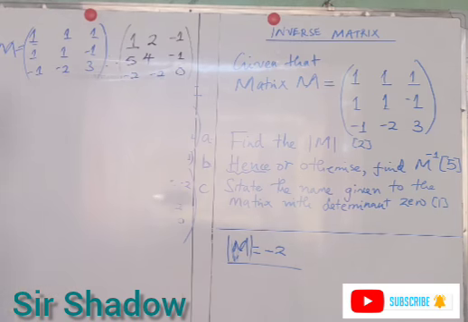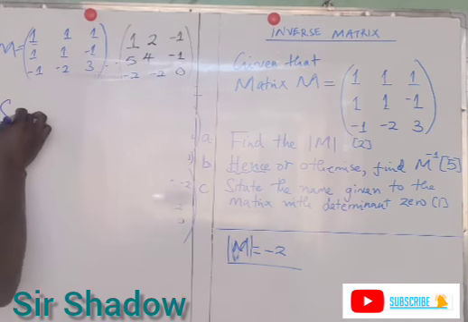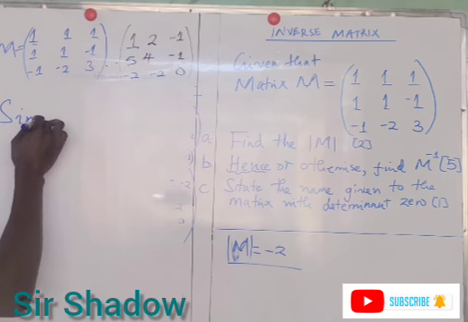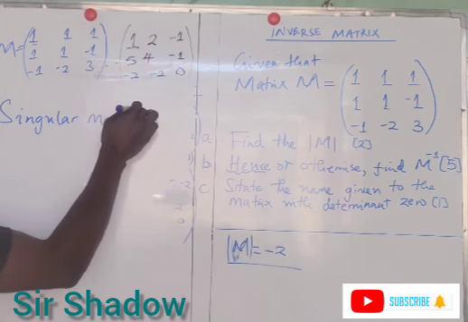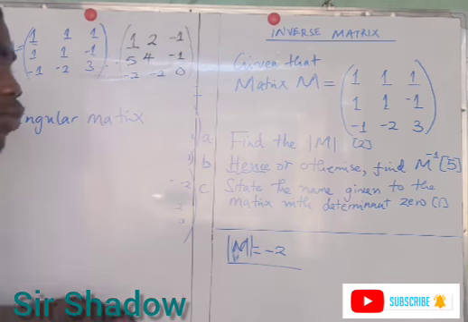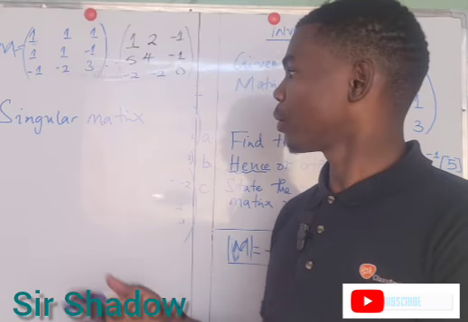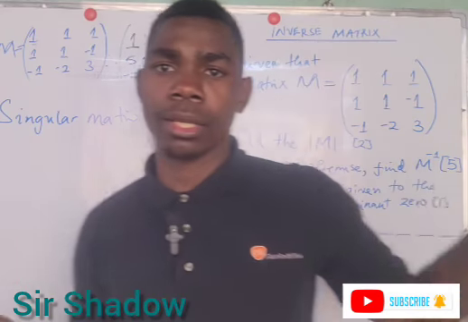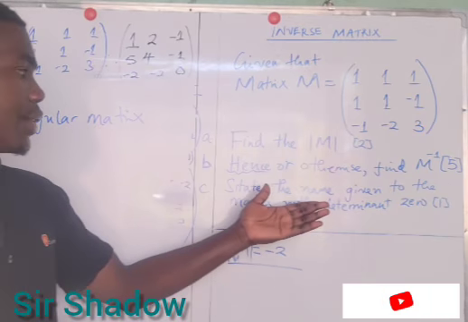A matrix with a determinant 0, we call it a singular matrix. So this is the name given to the matrix whose determinant is 0.